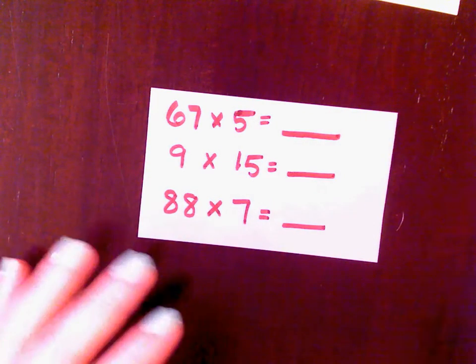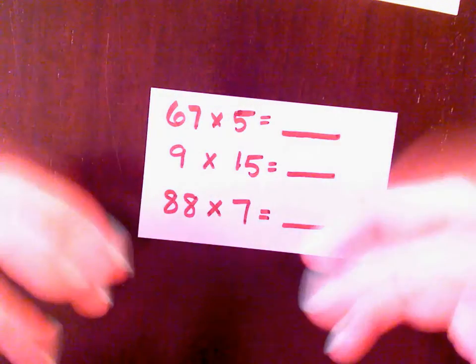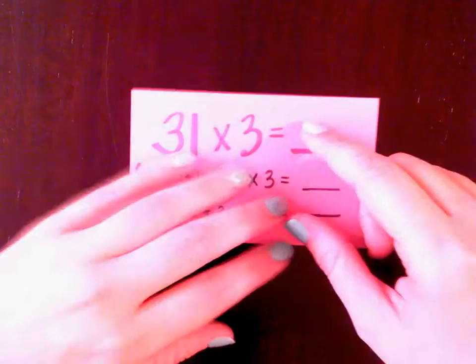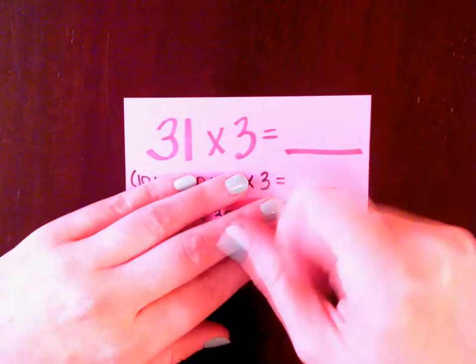They're going to have to know how to break problems apart to make easier problems for mental math. For example, and this is not something our scholars are going to be expected to do by the end of this year. This is just, in later grades, how this skill is going to be built upon. So if we're trying to solve 31 times 3, students aren't just going to know that fact off the top of their heads.